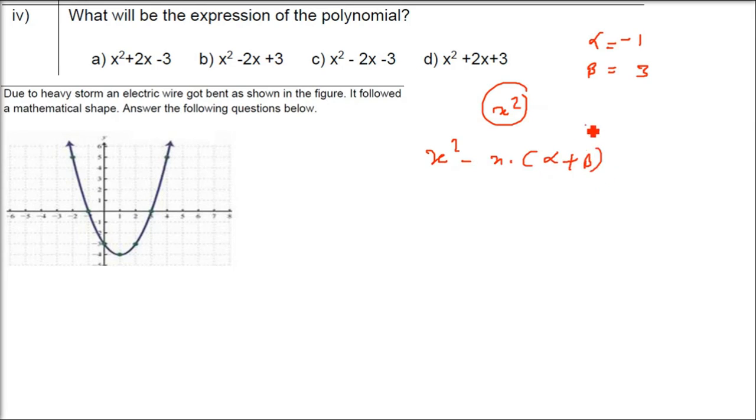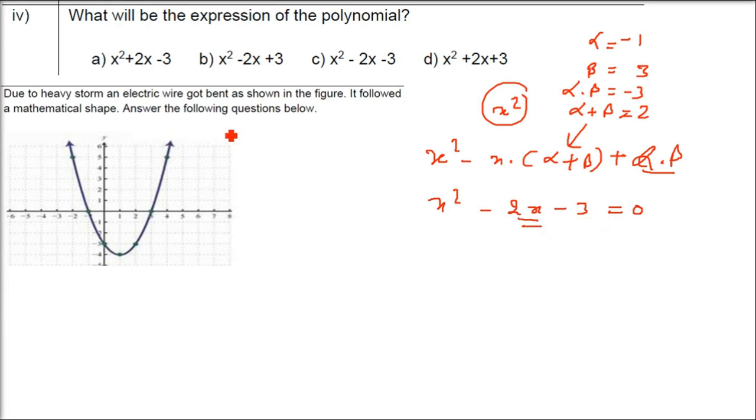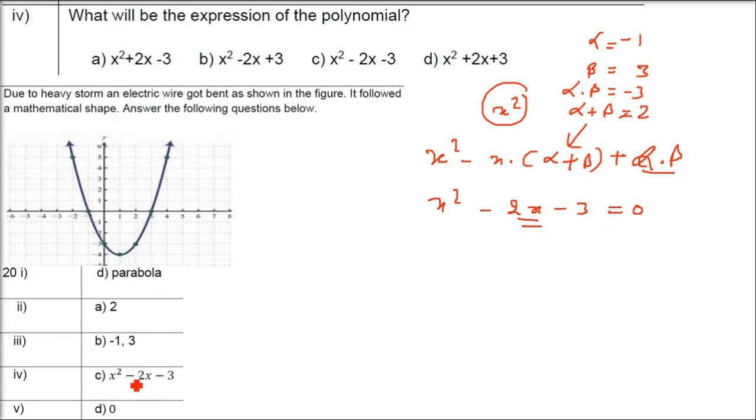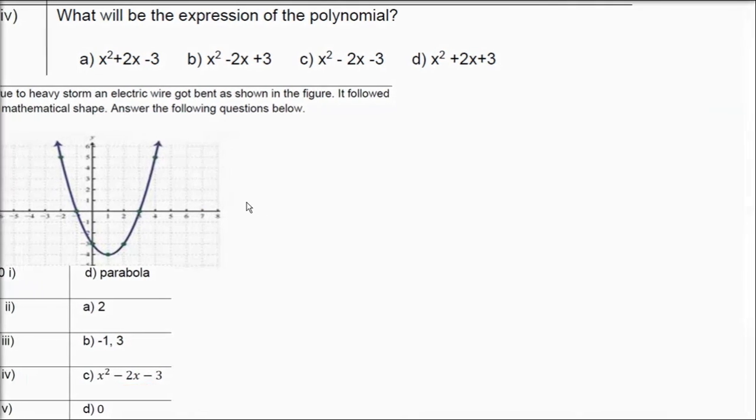The formation of this quadratic is x square minus x into (alpha plus beta), the sum of the roots, plus alpha into beta, the product of the roots. Alpha into beta is 3 into -1, which is -3. And alpha plus beta is 3 minus 1, which is 2. So just put in here: x square minus 2x minus 3 is the expression of the polynomial.